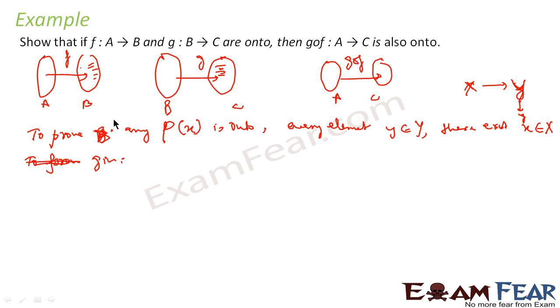Now, to prove it, first let's say what is given. Given is that f and g are onto.